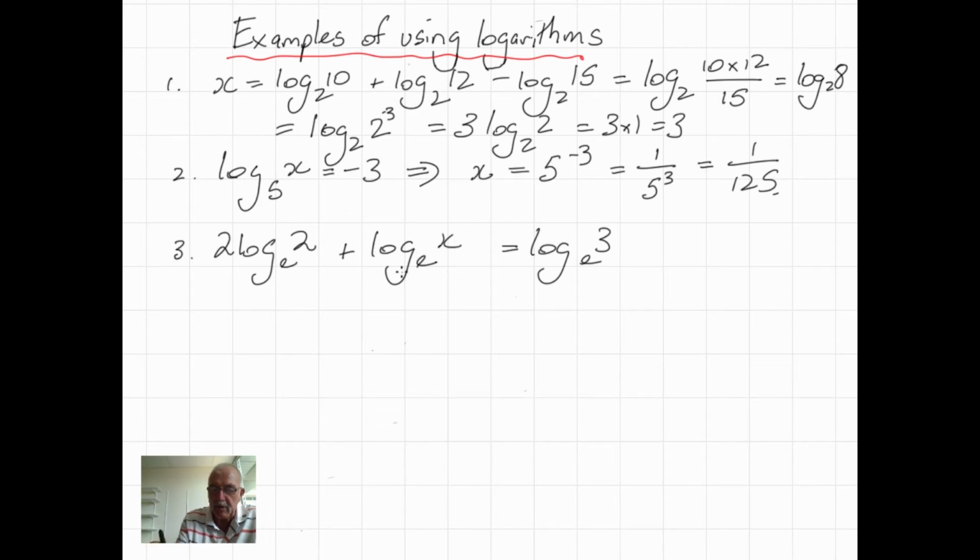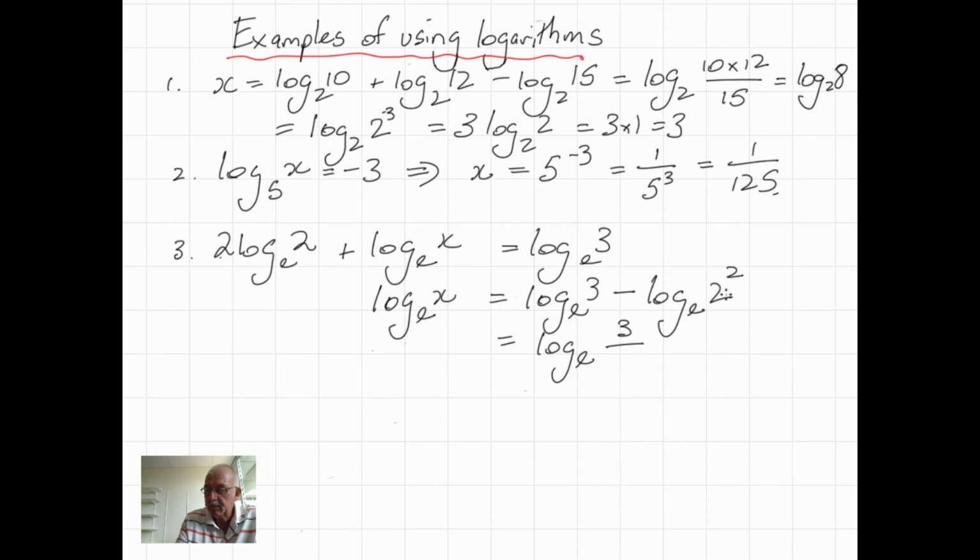In this case, we've got log x to base e equals log 3 to base e minus 2 log 2 to base e. Instead of writing it that way, we can use one of the properties to put the 2 up as a power, so that'll be log base e of 2 squared. And when you're subtracting logs, you are dividing. So 2 to the power of 2 is 4, so that'll be 3 over 4, and we've got log x to base e.